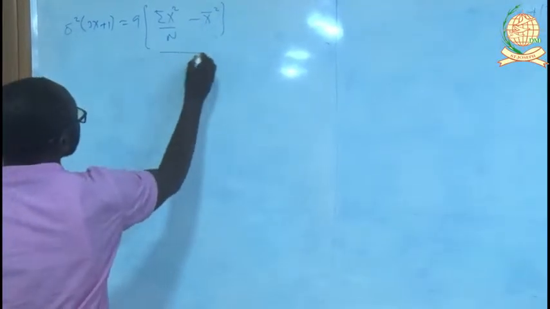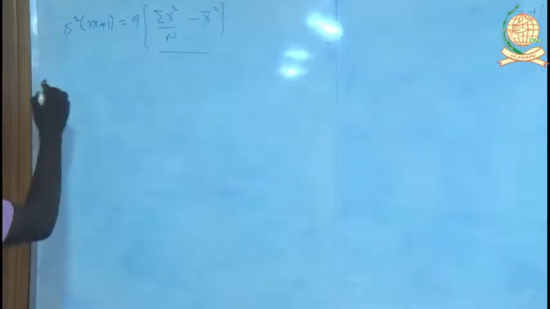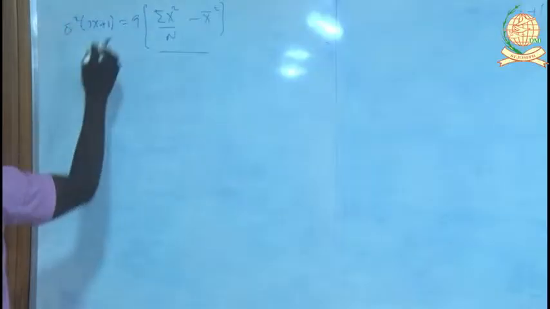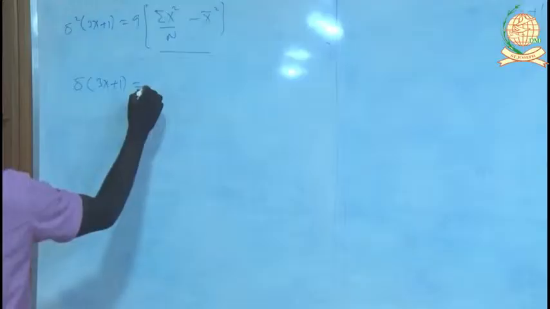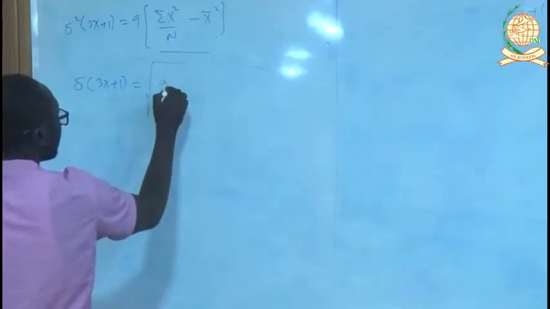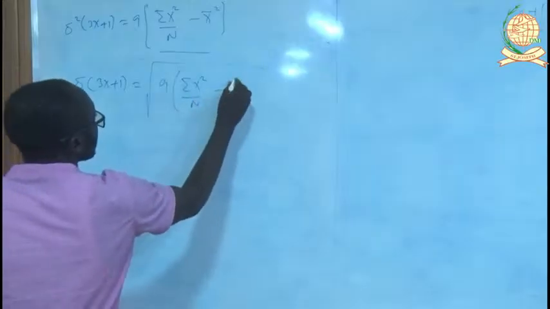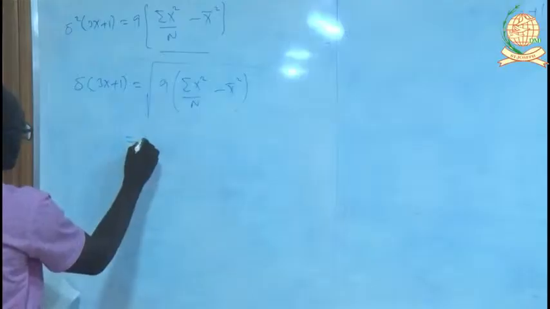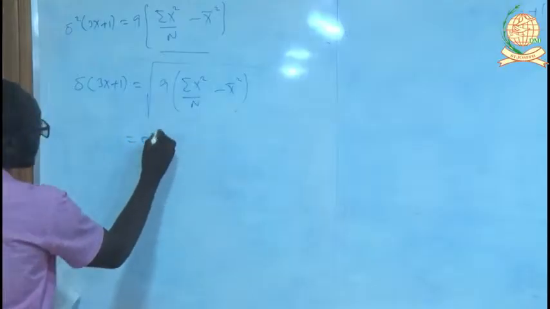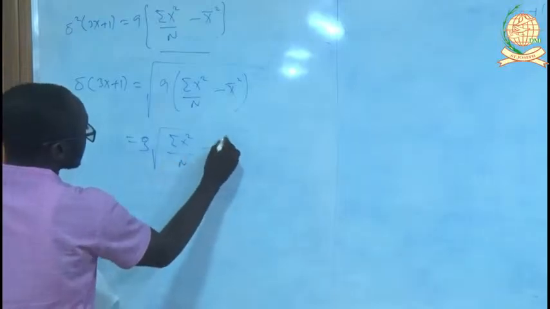Squaring out this equation, sigma of 3x plus 1 is going to be the square root of 9, then sum of x squared out of n minus this one square. The square root of 9 we know is just 3. Then the square root of summation of x squared out of n minus x bar square.